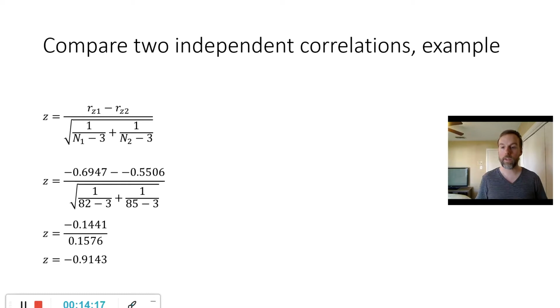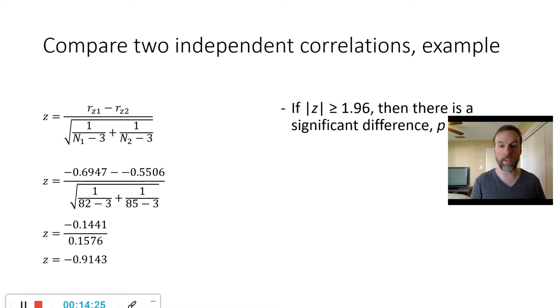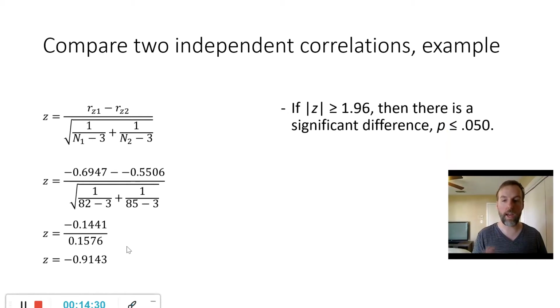Now this is a Z value, so we can compare this to our typical 95% Z value of 1.96. If the absolute value of our Z value is greater than 1.96, then we have a significant difference.